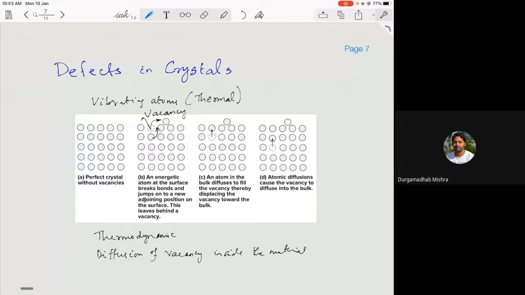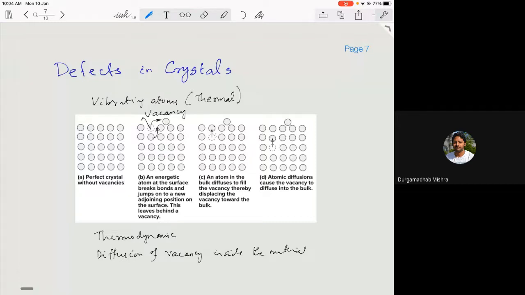They always vibrate because the temperature is mostly more than 0 Kelvin. So they will always have a thermal vibration, and these atoms vibrate around their mean position, and this is due to the thermal energy or the temperature.